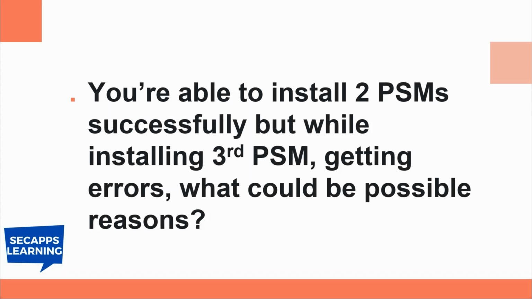So the location will give an error. I mean, maybe not able to browse, or space is not enough, these kinds of errors. It has the same configuration like the other two PSMs, but they were able to install. Latest .NET framework, Windows Server 2016-19, all are the same.